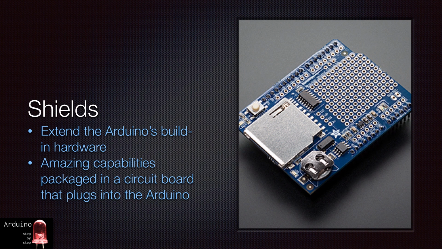Very often, certain hardware components are used so widely that eventually a company assembles them together on a printed circuit board so that it is easy to plug into an Arduino board without any wires. These extension boards are known as shields. The Ethernet shield is a very common example.